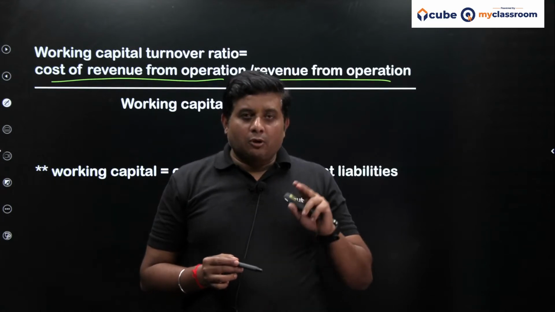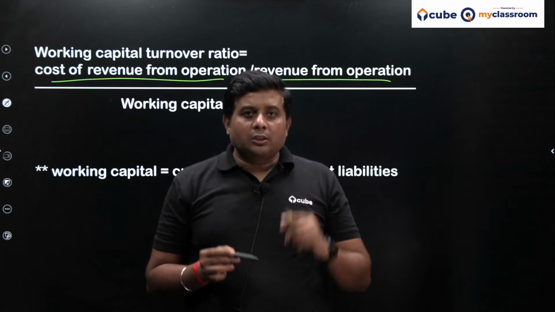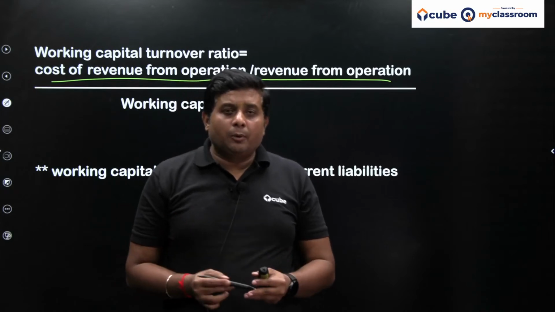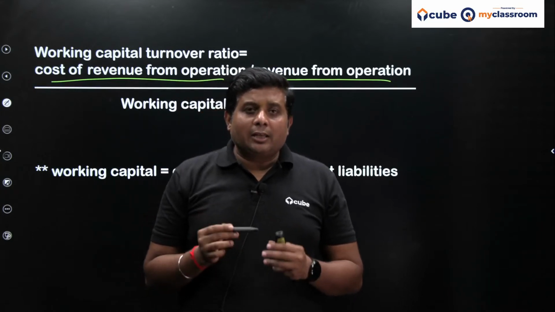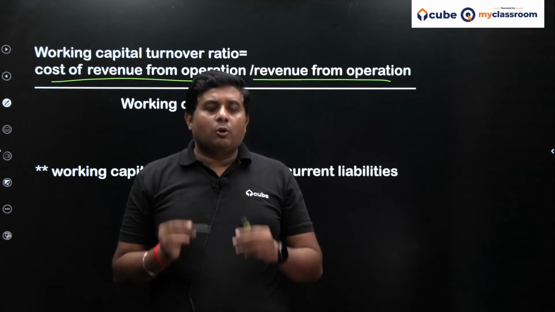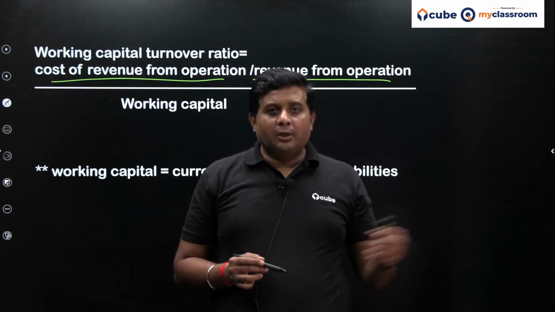Suppose both are given: cost of revenue from operation is represented by cost of goods sold and revenue from operation by sales. Then all the calculation has to be done taking cost of revenue from operation as the base. But sometimes cost of revenue from operation is not given in the question and only revenue from operation is given.